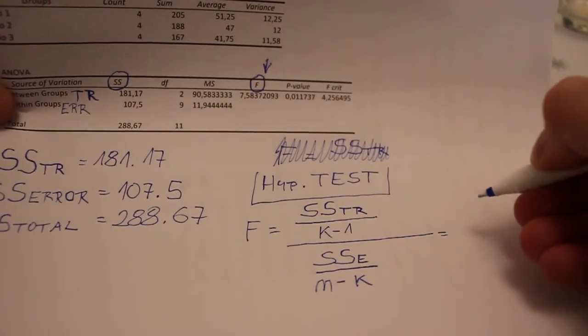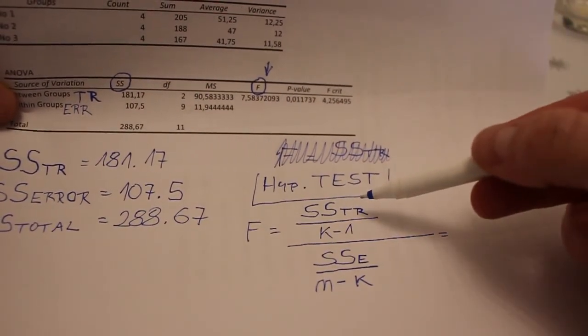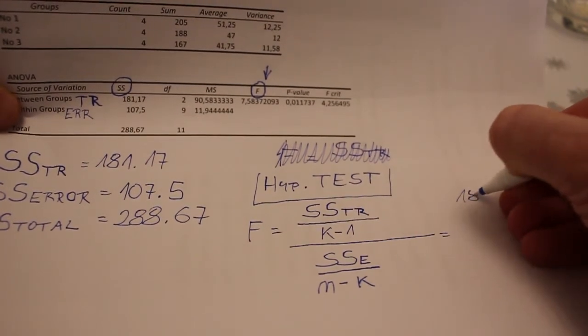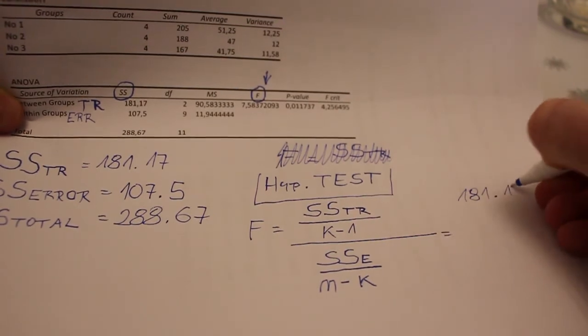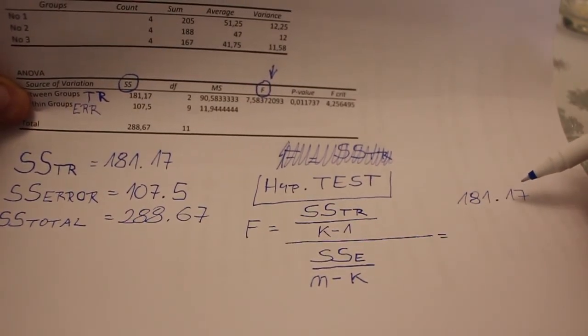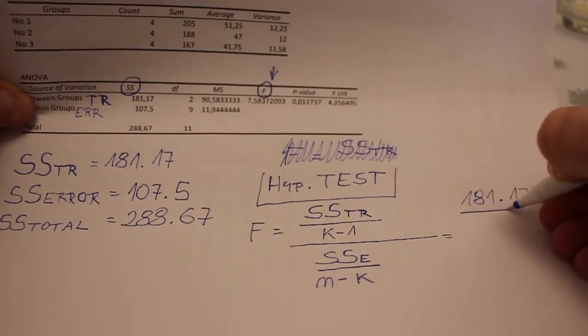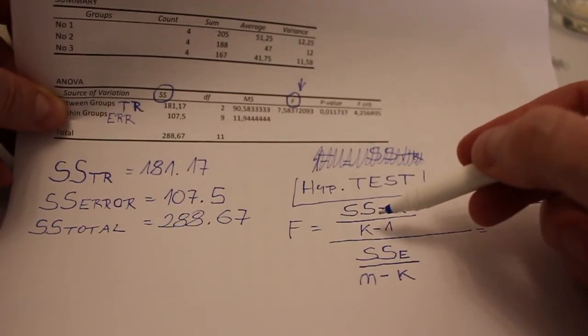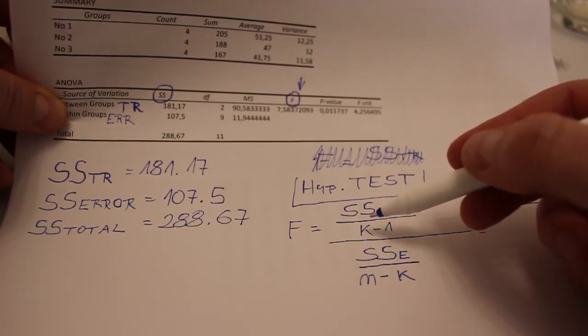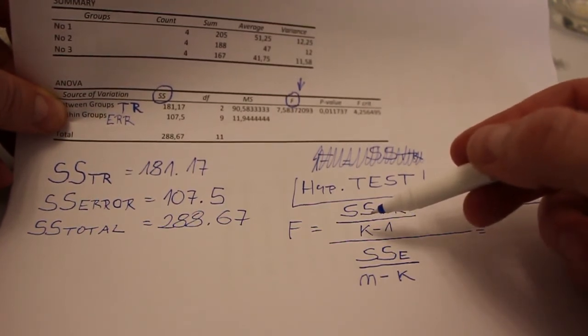So we can calculate this. Treatment sum of squares is 181.17. We calculated this value by formulas, divided by k. In our situation, k is the number of teachers, the number of groups.